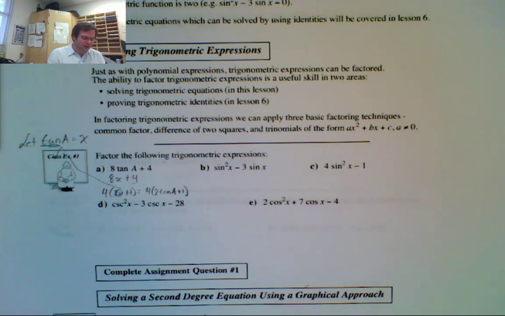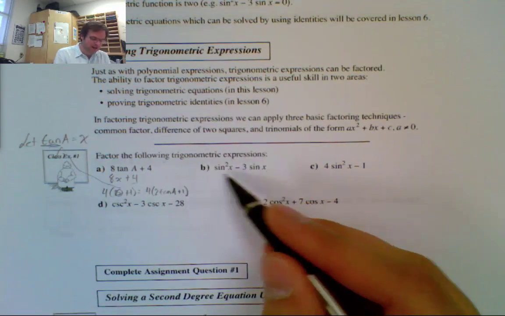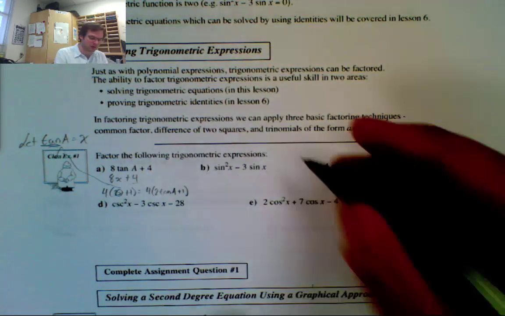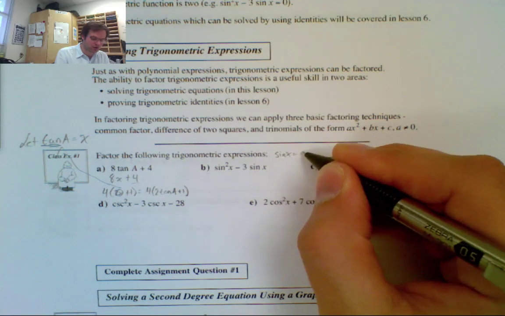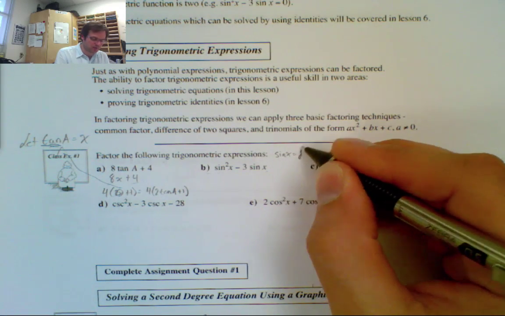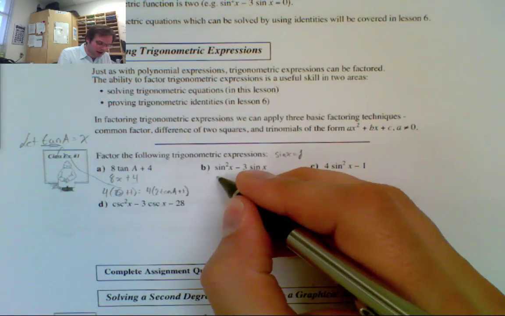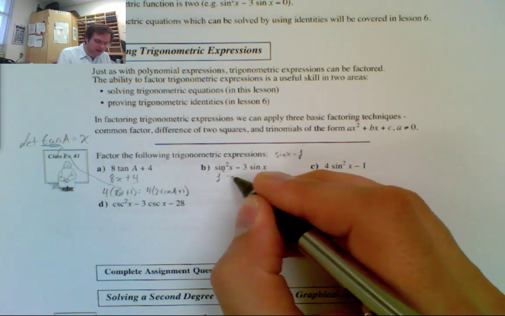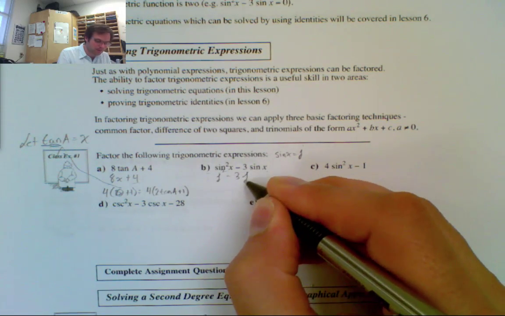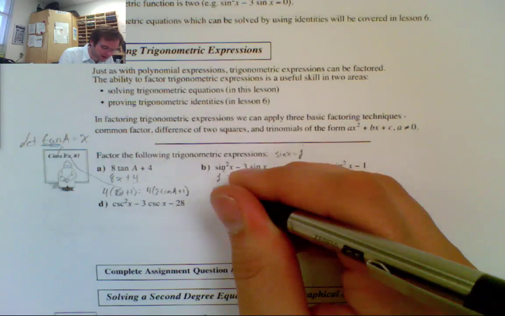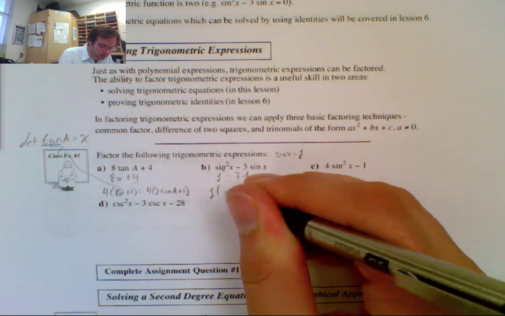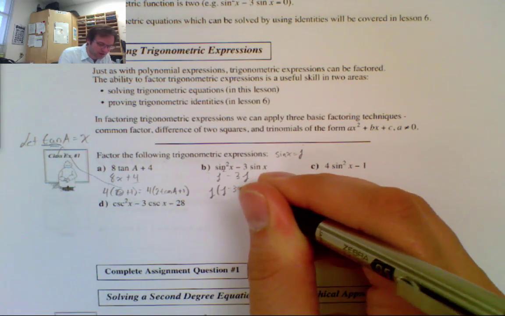Now, if I looked at this, I'm going to say sine x is equal to, we'll put j. Okay? So basically here I have j squared minus 3j. I want to know how to factor that. That's going to be the same thing as j multiplied by j subtract 3.